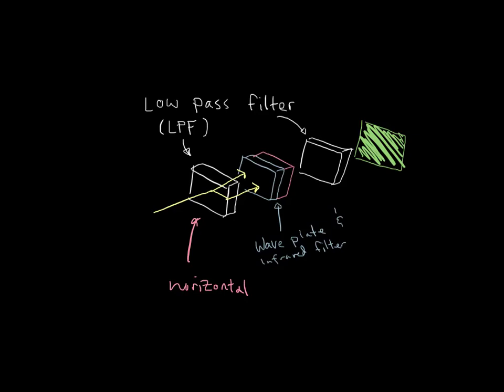And this wave plate also shifts the wave so that when it hits the second low pass filter, instead of getting bounced right back into itself, it gets split this way. You see that our last filter split it horizontally, this one splits it vertically.